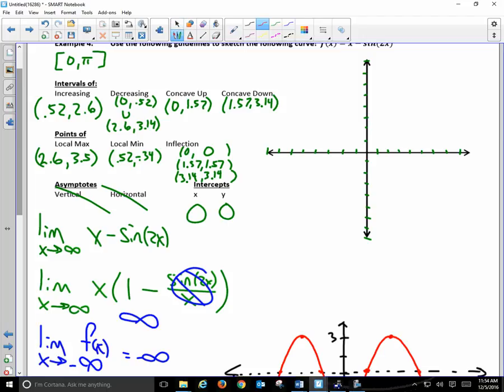I'm going to plot my x-intercept. And I have a local min at 0.52, negative 0.34.